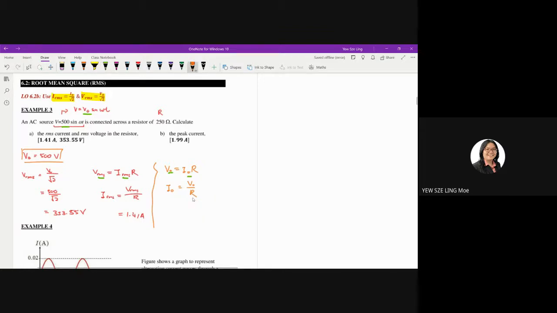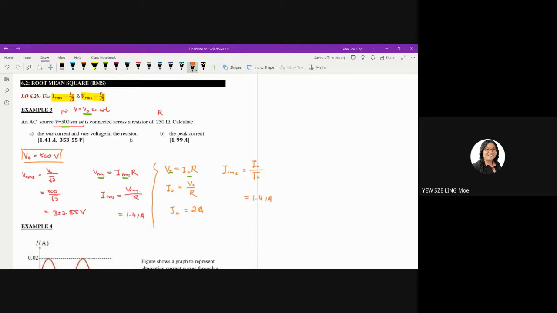So your I naught equals 500 divided by 250, which is 2 ampere. Once you have I naught, you can then calculate IRMS by using IRMS equals I naught over square root 2. You're still going to get the same answer.